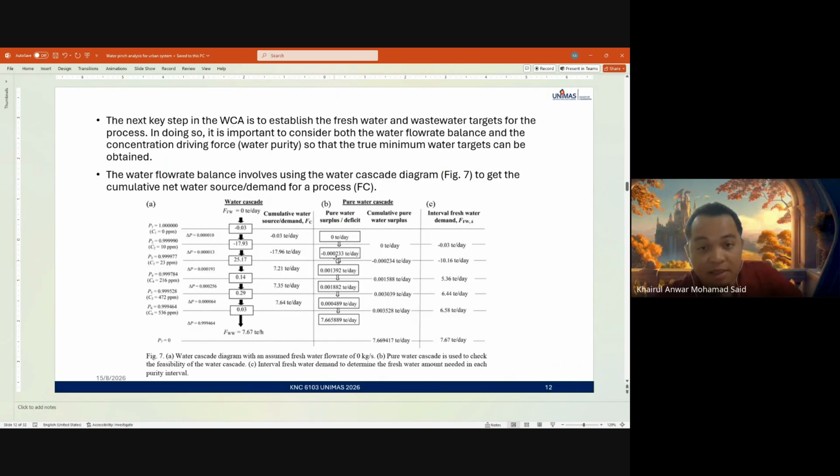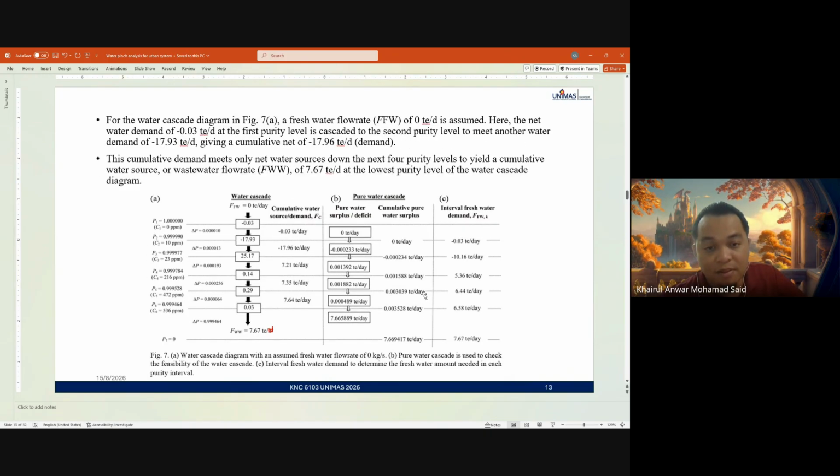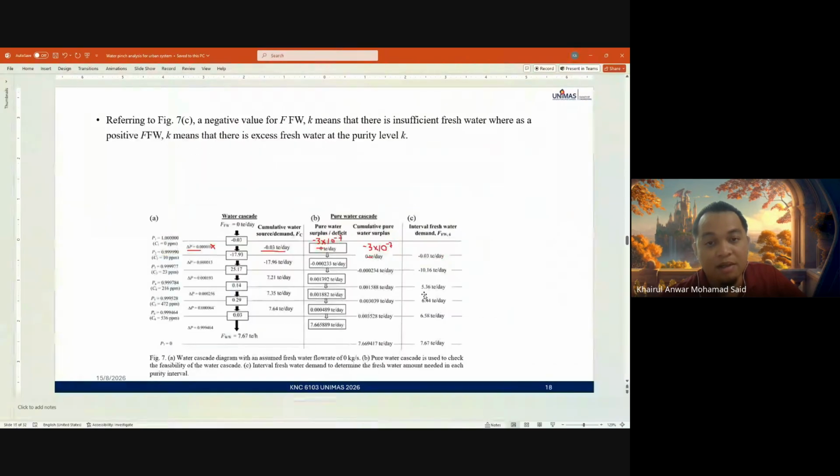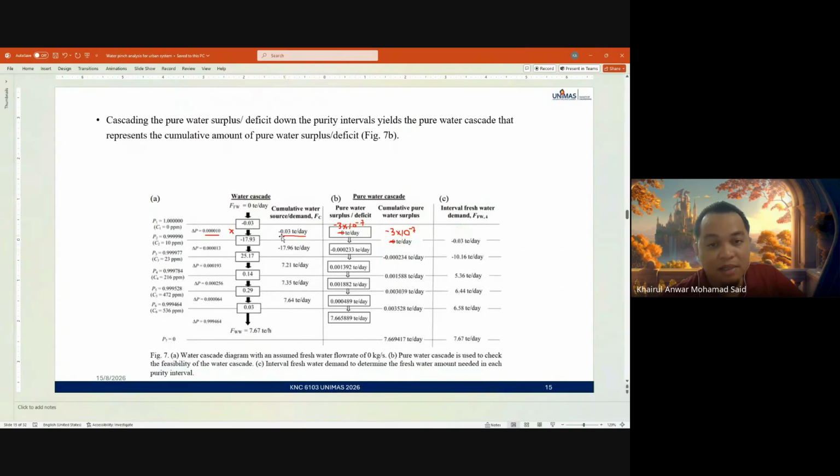Next, for the pure water surplus or deficit, actually it is negative 0.03 multiplied with delta P. So here you should get negative 3 times 10 to the power of negative 7, not zero.